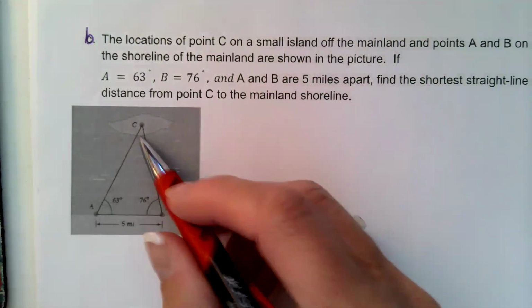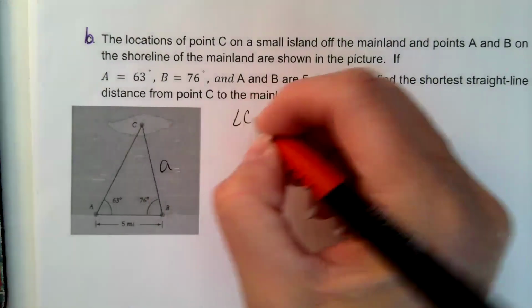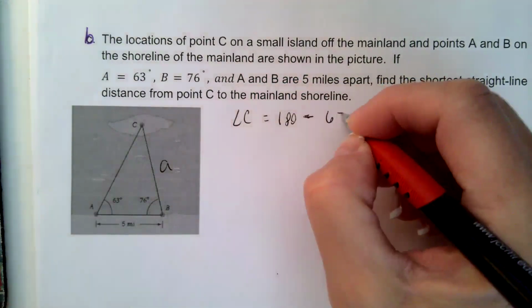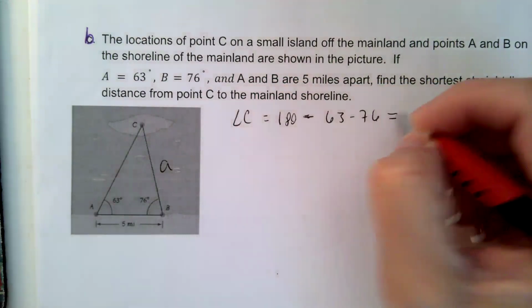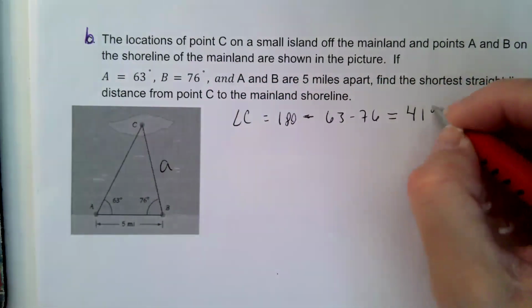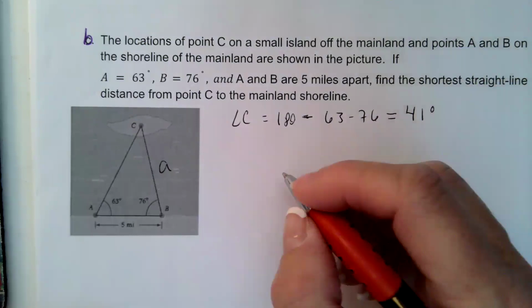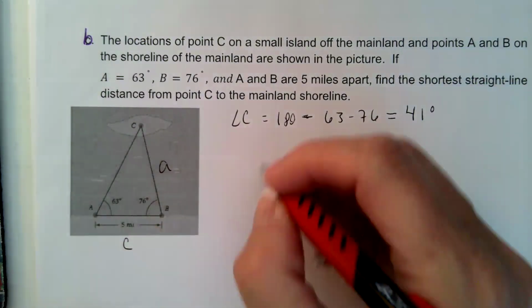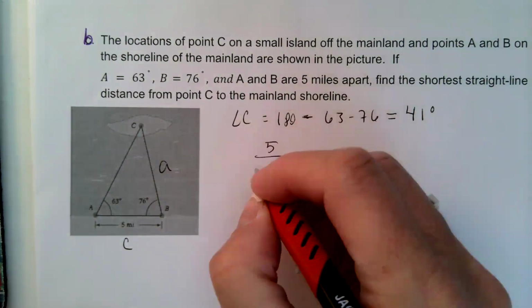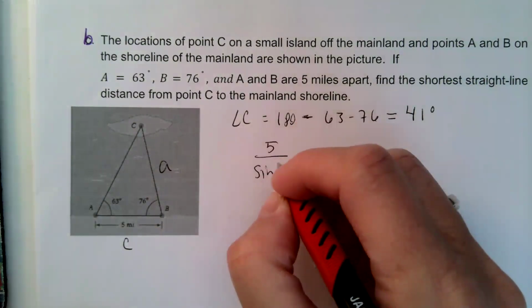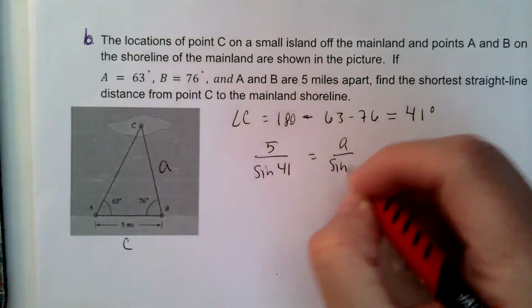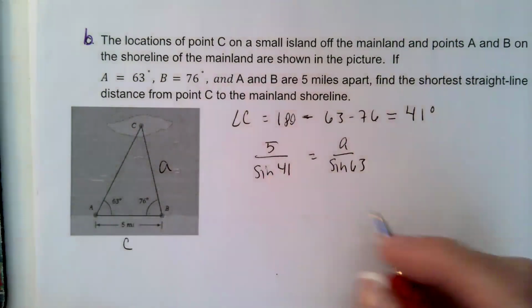So we can find angle C by subtracting 63 and 76. And so angle C is 41. And side C is the 5. So we know 5 is compared to the sine of 41 as A is compared to the sine of 63.